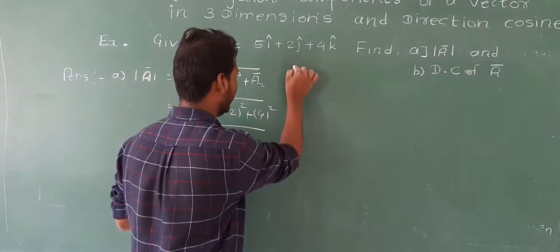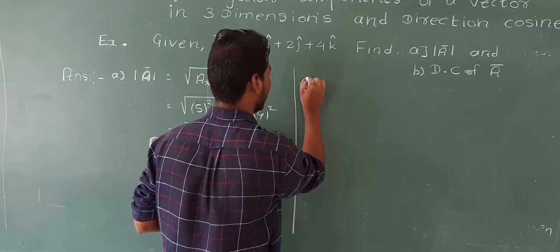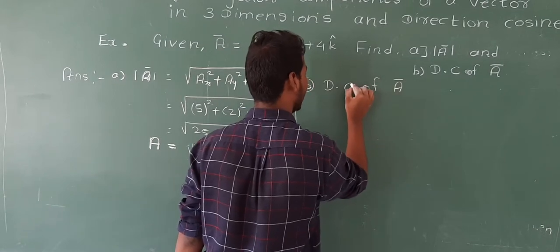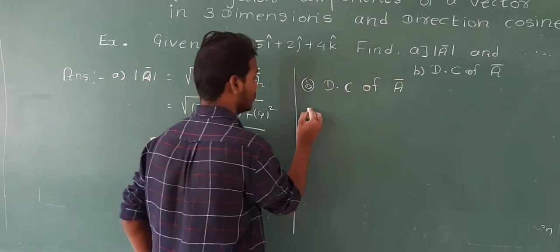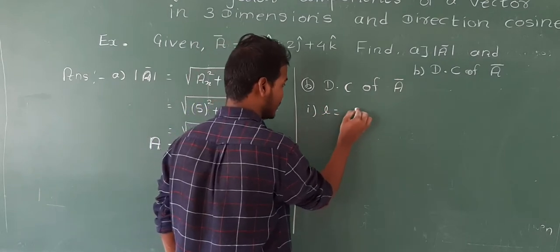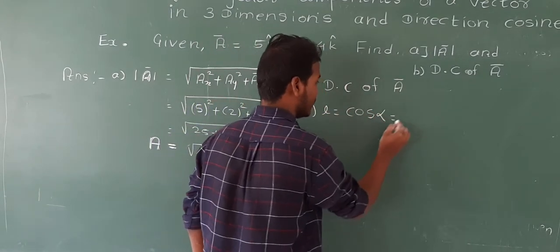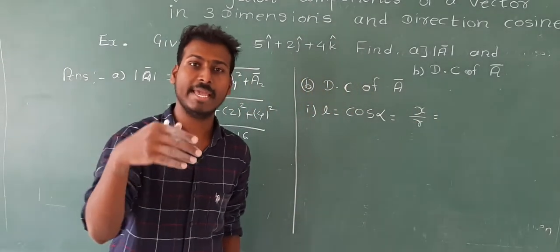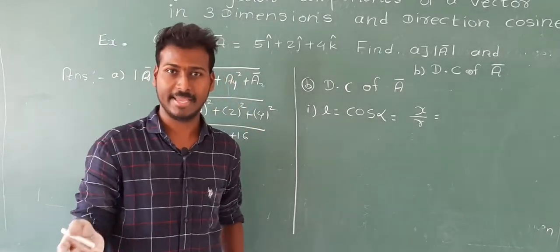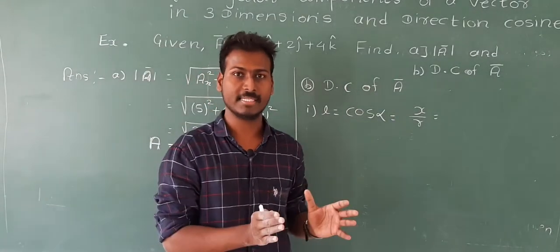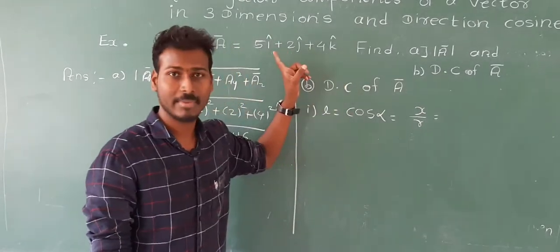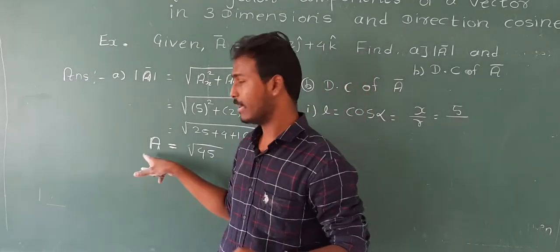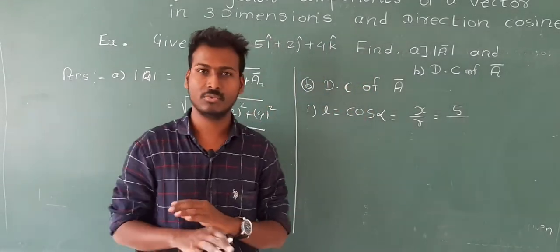Now the second point, b: direction cosines of a bar. The first direction cosine is l, which is cos alpha, equal to x divided by r. Here x is actually ax, the magnitude on the x axis, which is 5. Now r is replaced by a, so the notation changes, there is no issue regarding that.